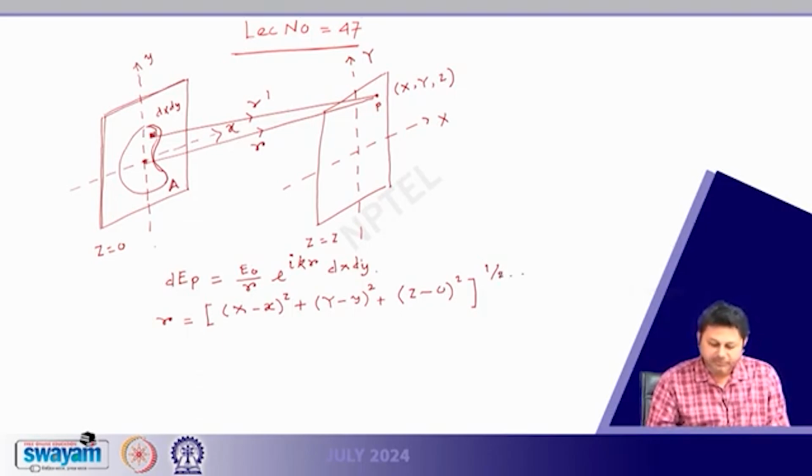That should be the value of R if the coordinate of this point is X, Y and z equal to 0.